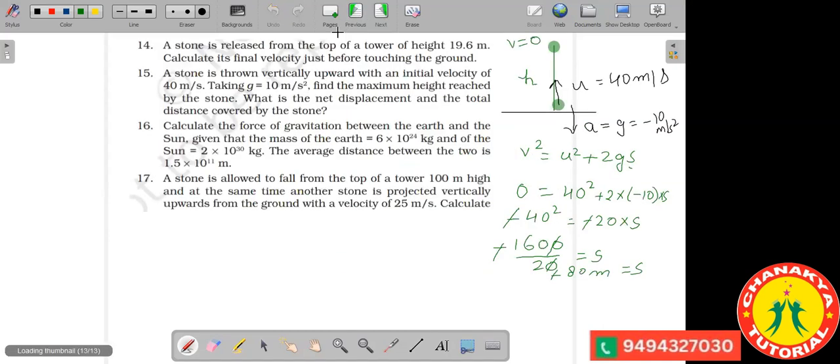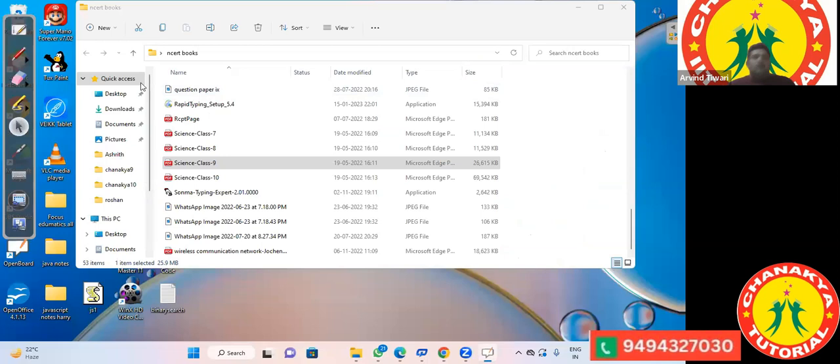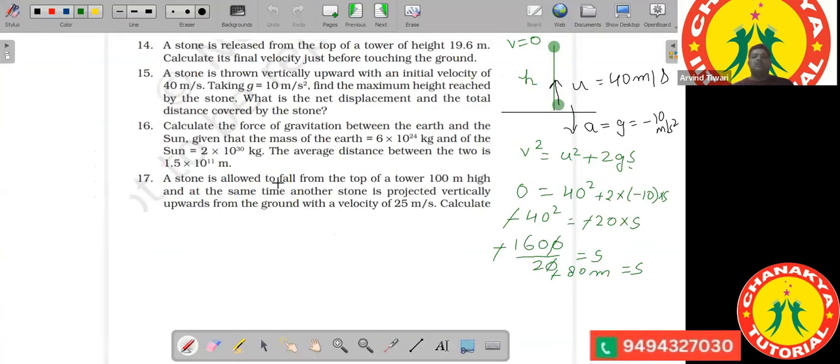Yes, sir. Now do this question number 16, which is from the previous topic. Okay, that's your homework. I think we have done this question, right? Okay, so your only homework is this question number 17.